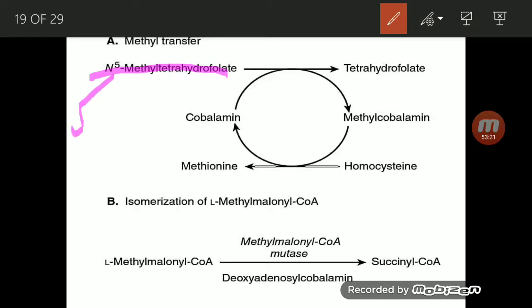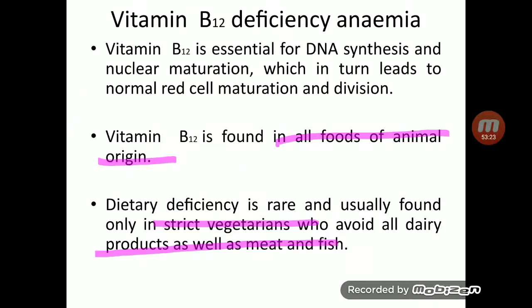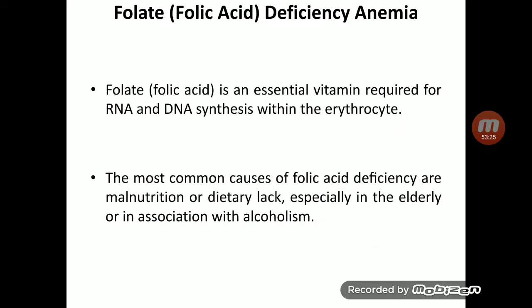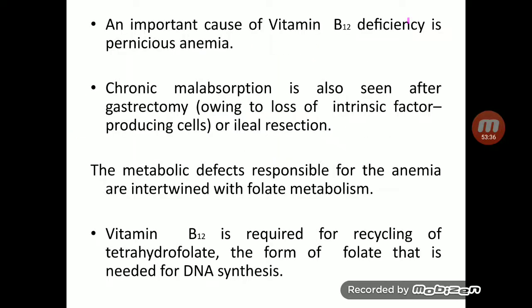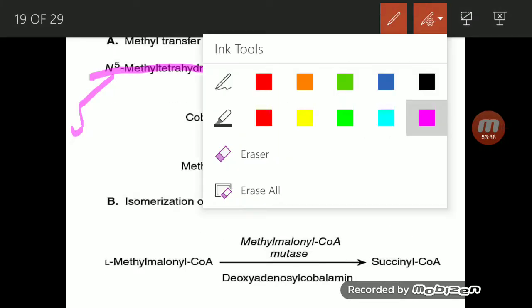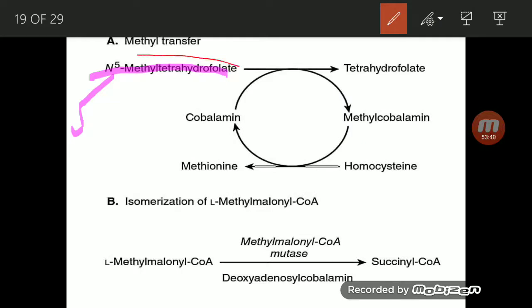I said folic acid is found in any type of food that you eat, you get your folic acid. So your dietary folic acid is basically N5 methyl tetrahydrofolate.